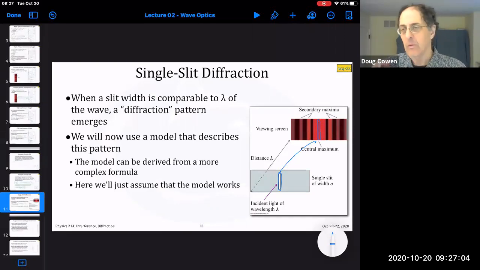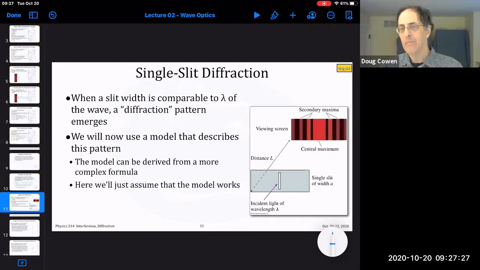In order to determine quantitatively where the fringes on this pattern occur, we're going to use a model that gives us the right answer, but the model is not really physically driven.